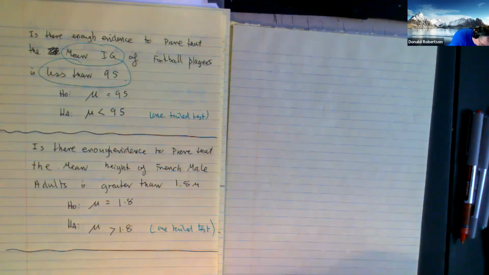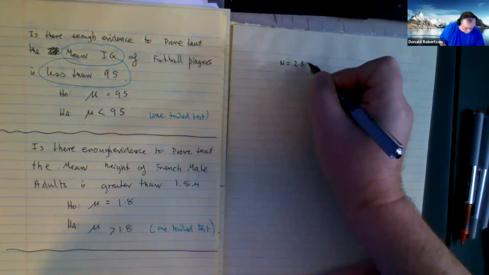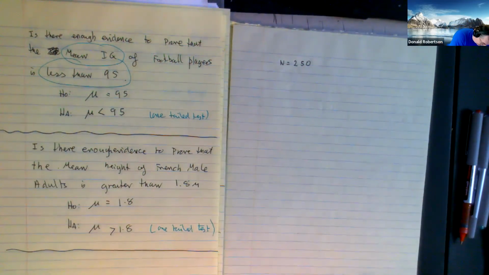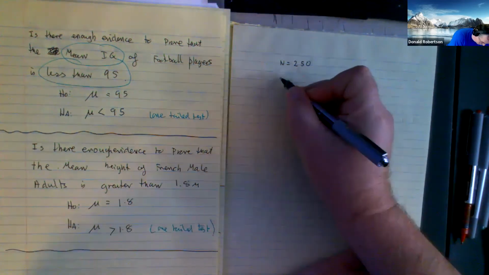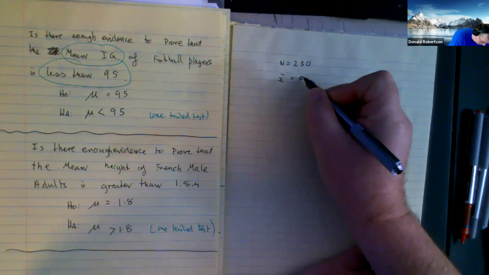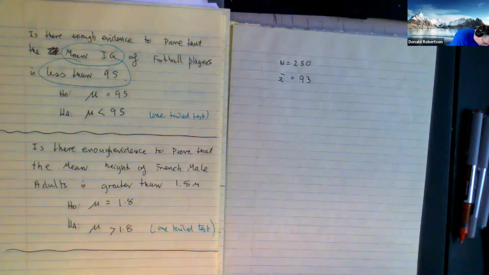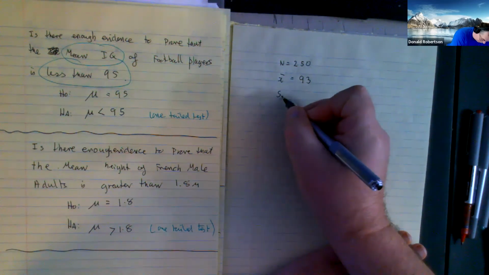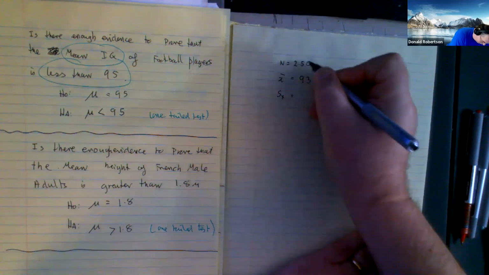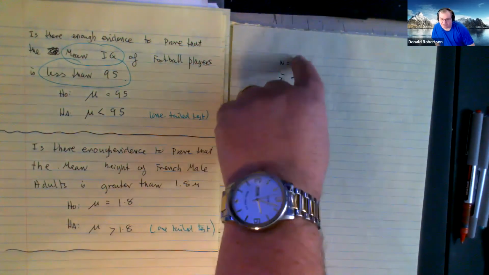So I collect 250 football players and I give them an IQ test and I find out that their mean IQ was 93. And the standard deviation of my 250 was 1.7.